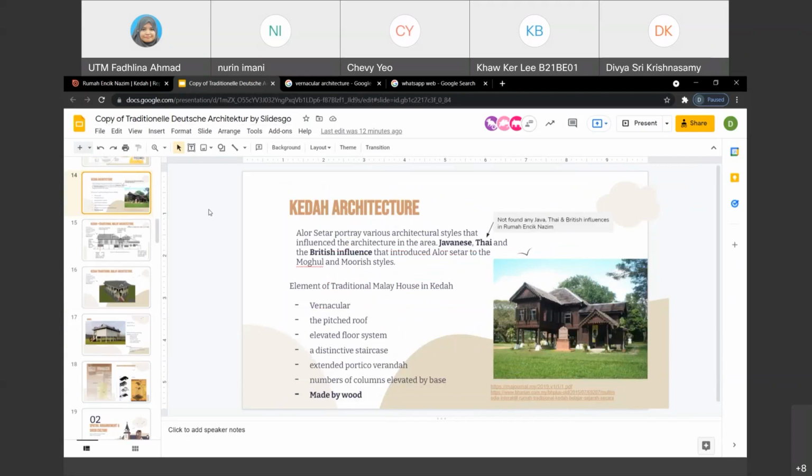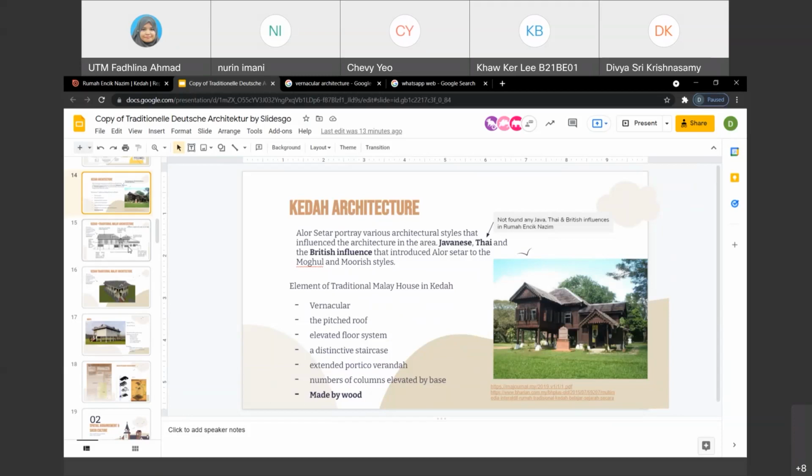So I think this house is purely a traditional Malay house. Here is shown the traditional Malay house in Kedah, the elements are there. But I found out it's totally the same as the Rumah Encik Nazim house.